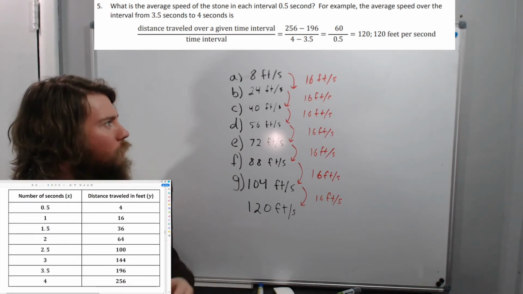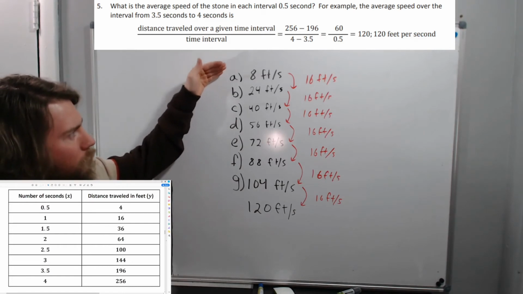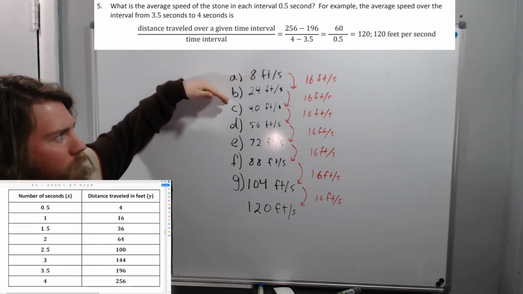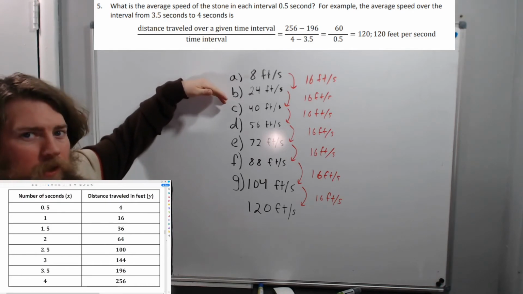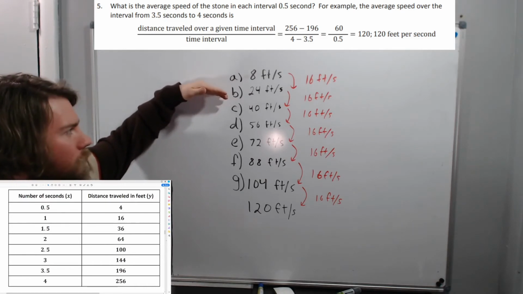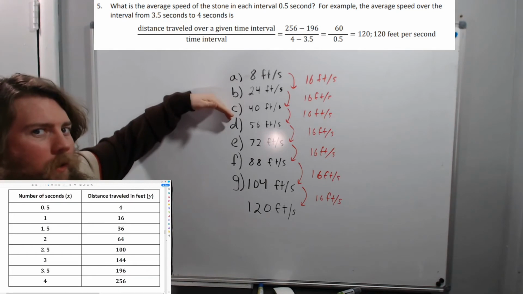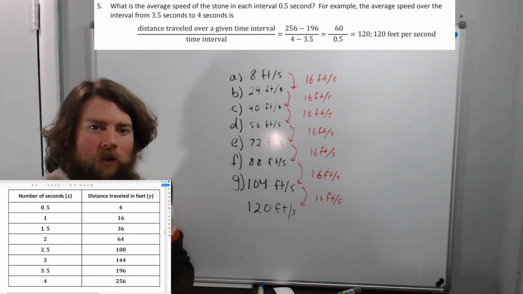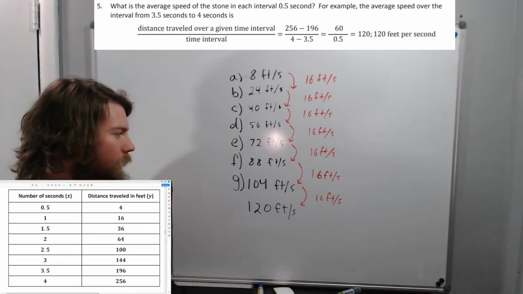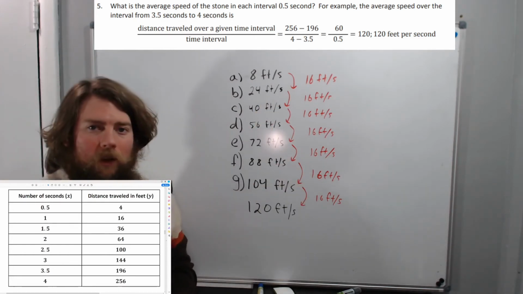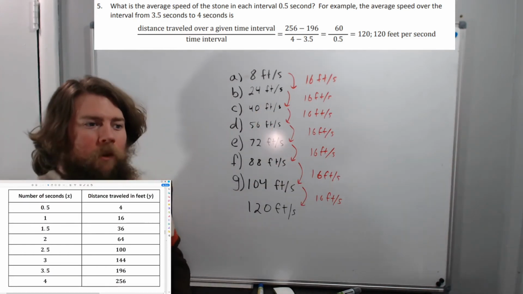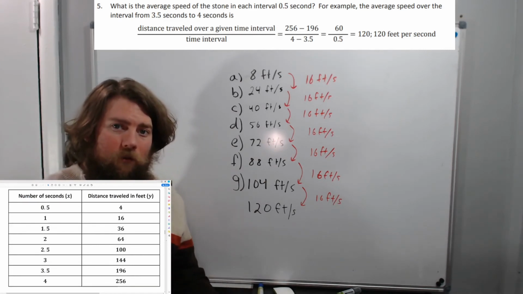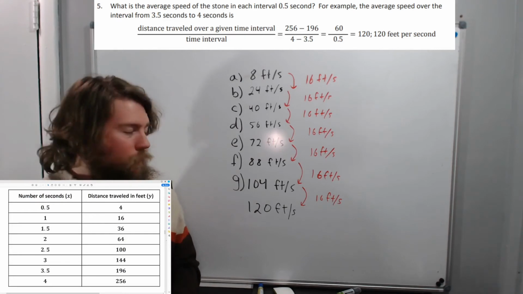In the second half-second, we jump up by 16 feet per second. In the third half-second, we again jump up by 16 feet per second, and we just keep jumping up in those intervals. This number would be different if we chose a smaller interval, but we can't consider those intervals because we don't yet have the rule for this function.